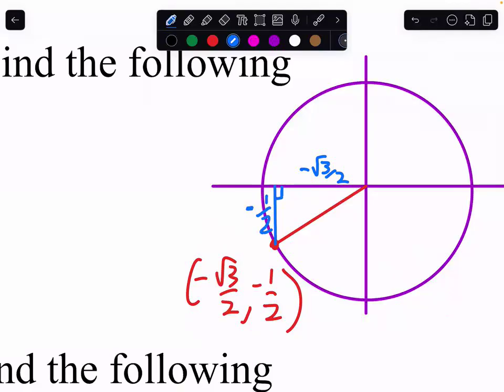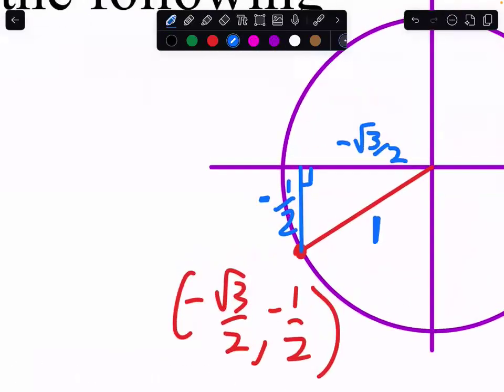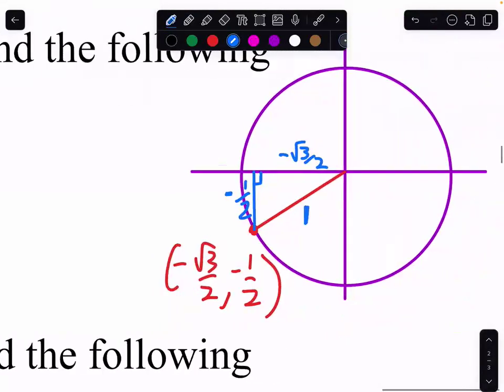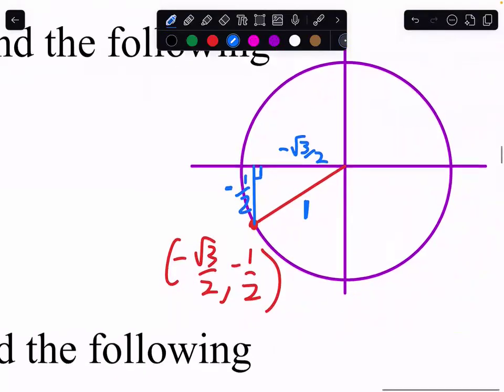And we know for the entire unit circle, the radius, so the hypotenuse, is +1. With these sides labeled, we now just need to remember our special right triangle relationships.